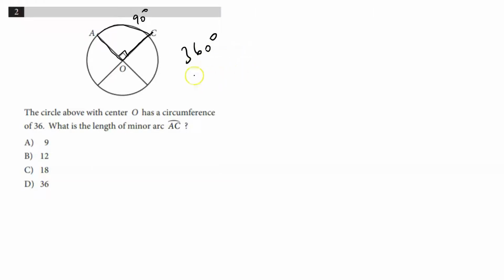And so we know what ratio this minor arc has to the whole circle, and we also know the circumference of the whole circle. So it's going to be the same proportion. So 90 over 360 times 36. So this proportion is 1/4.